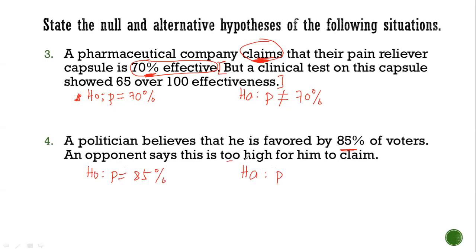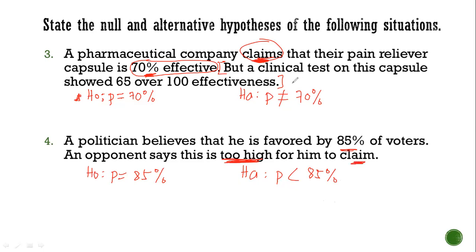Tapos dito, too high. Masyado daw yan mataas. Yung 85% na sinasabi mo. So anong gagawin natin kung masyadong mataas? Bababaan natin. Too high. Masyadong mataas yung claim mo na sinasabi mo. So there is a certain direction here towards the claim.